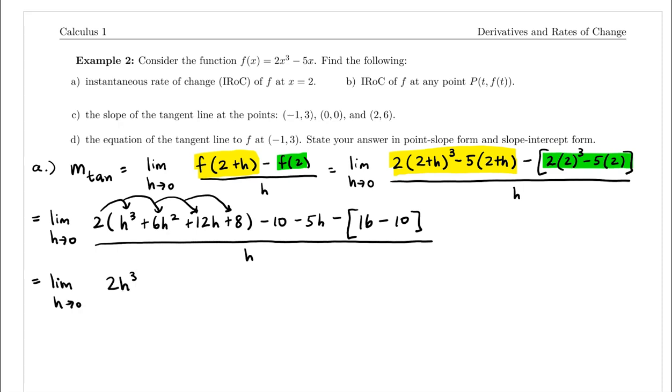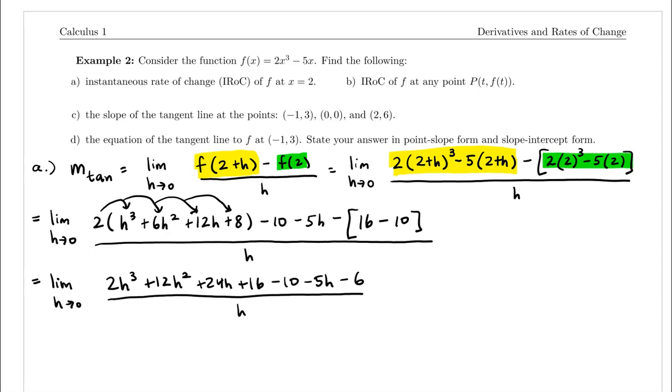Let's see, we have 2h cubed plus 12h squared plus 24h plus 16 minus 10 minus 5h. And then if we simplified 16 minus 10, that should be minus 6, all over h.